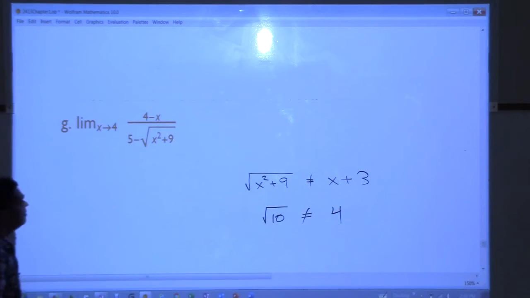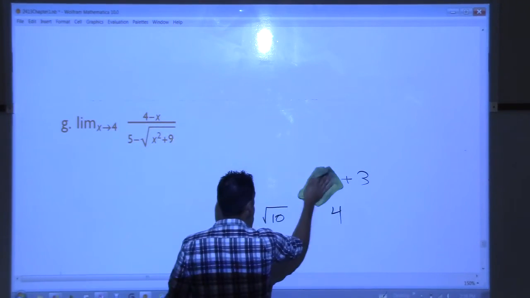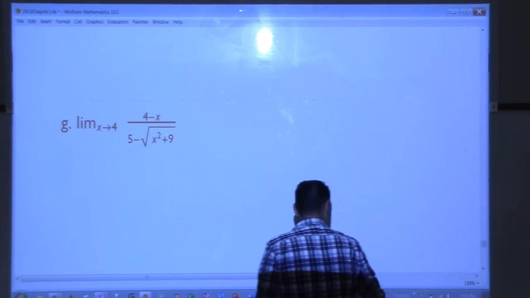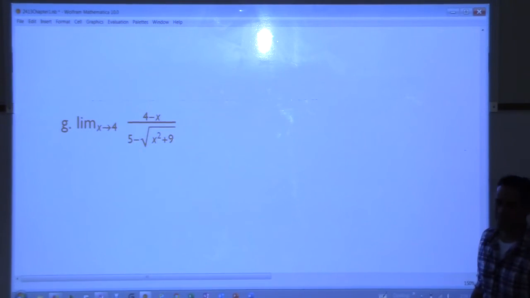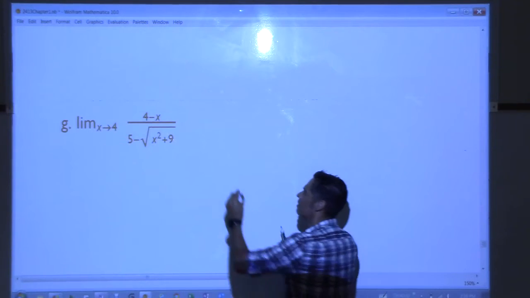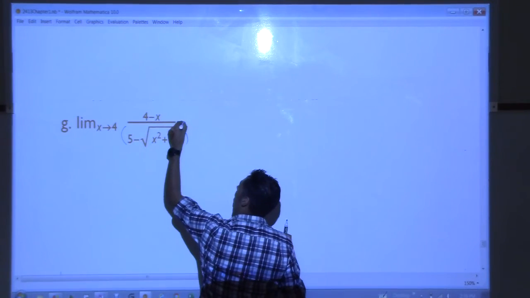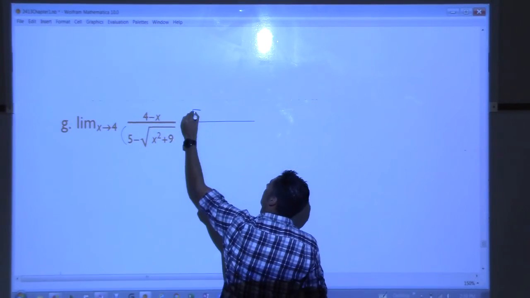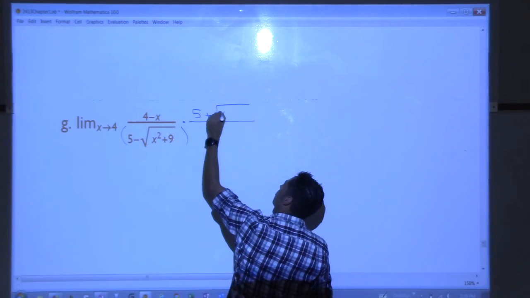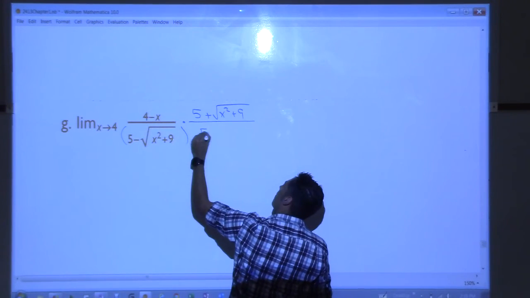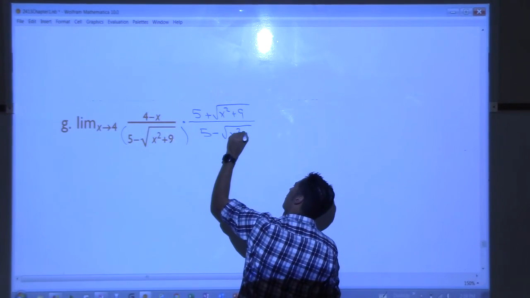So what else do we have? We've been using it. Conjugate. Let's do the conjugate again. What's my conjugate? 5 plus square root of x squared plus 9. 5 minus square root of x squared plus 9, right?